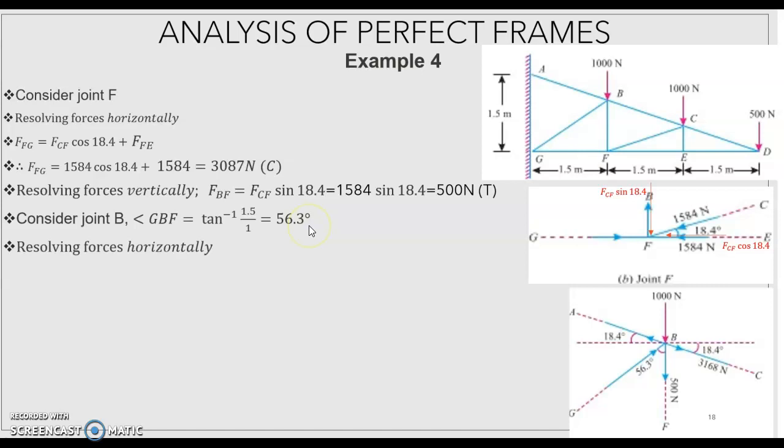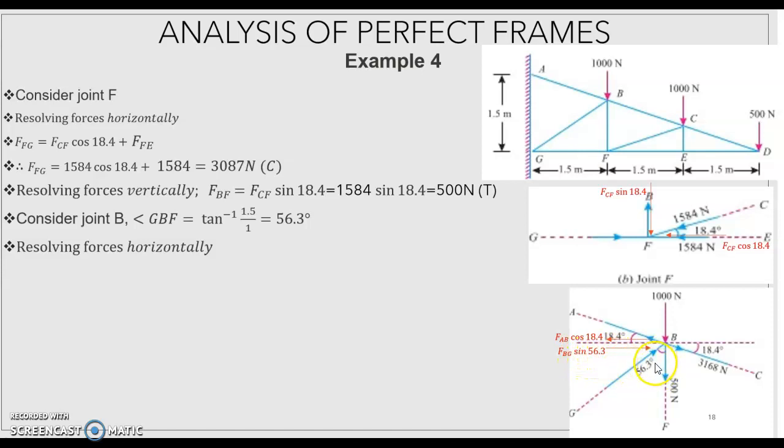Then horizontally resolve the forces at joint B. Horizontal component of FAB is FAB cos 18.4. Then horizontal component of FBG is FBG sine 56.3.